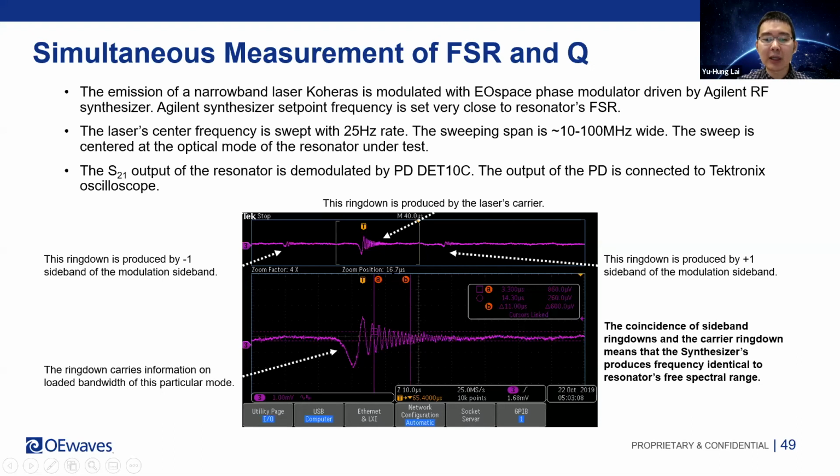By zooming in, we can clearly see the interference pattern due to the frequency sweeping, as well as the exponential decay due to the decay of the cavity mode. So by measuring this decay, we can measure the quality factor of our mode, and by measuring the position of the sideband, we can get a precise measurement of our FSR.